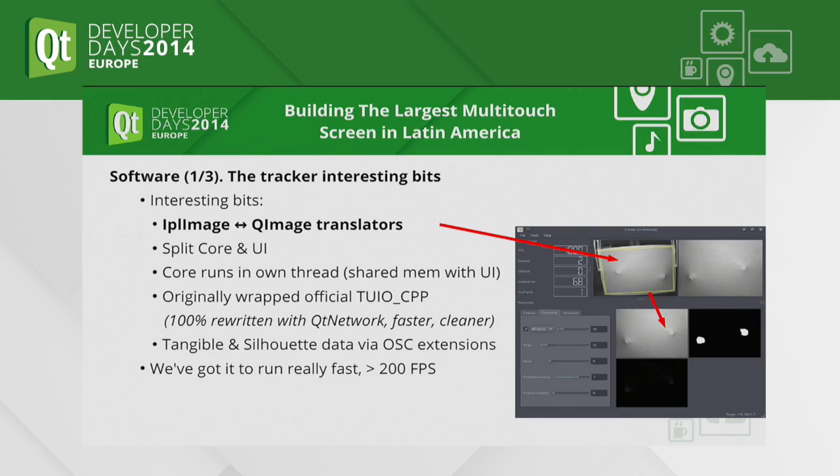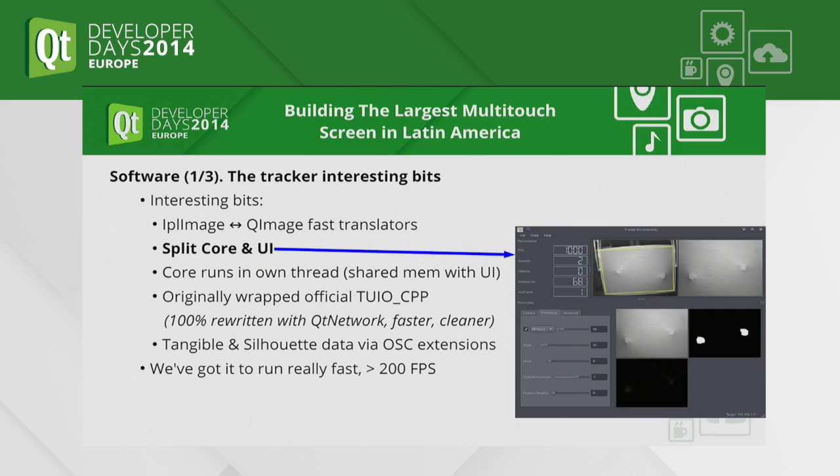There's a very well-known framework named OpenCV, and they have this IplImage, and Qt uses QImage. So there are some implementations about how to translate both without copying memory. And there are some IplImage and QImage translators, which allow us to be very fast. Also, another interesting bit is we split core and user interface with this. The core can run even headless.